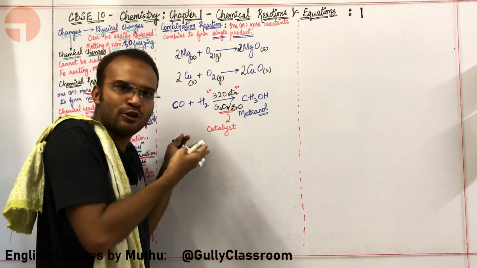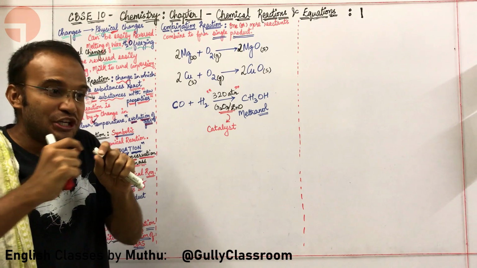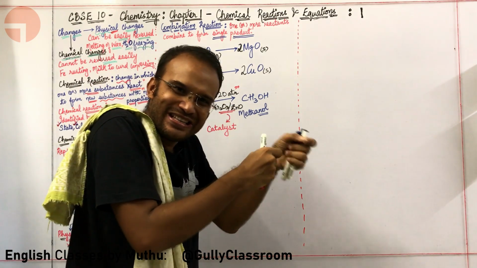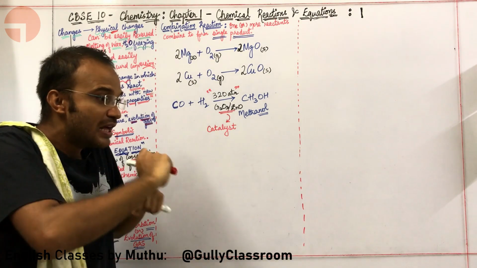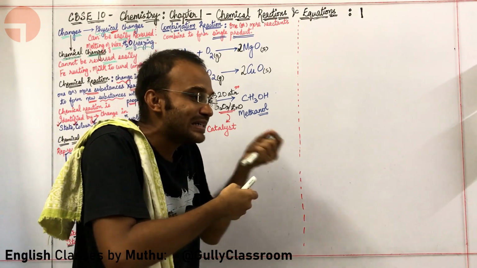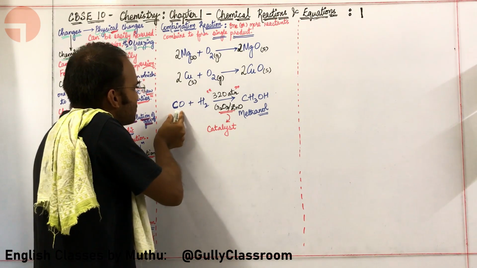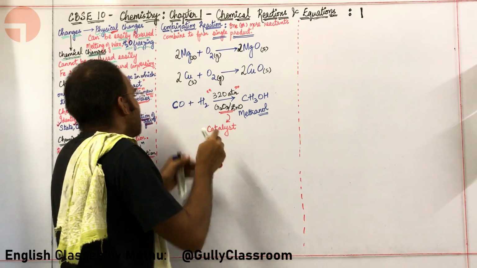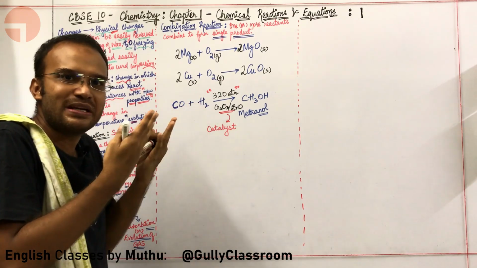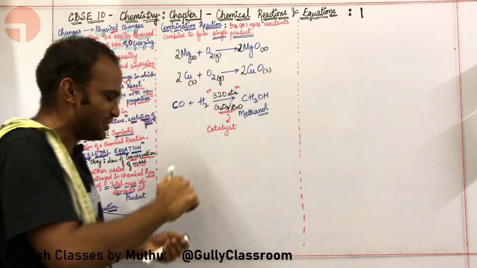When you are listening to me, you are getting a better idea of the subject and your rate of studying is increasing. In the same way, carbon monoxide and hydrogen are helped by the catalyst without actually participating in the reaction in order to form methanol, CH3OH.